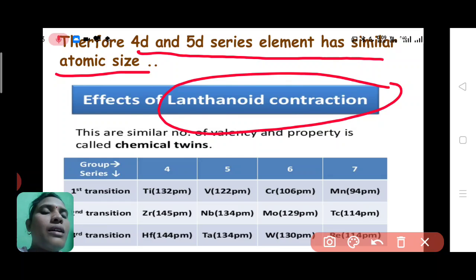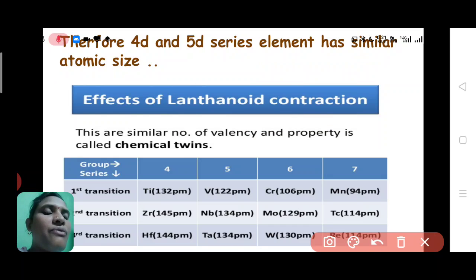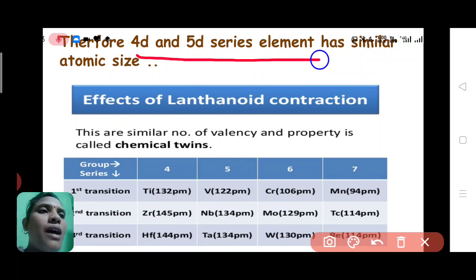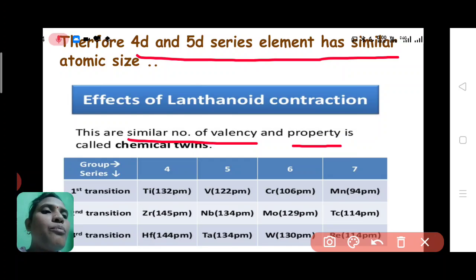Lanthanoid contraction is a decrease in atomic size, and this lanthanoid contraction occurs due to the poor shielding effect of the F shell. Now due to this lanthanoid contraction, the sizes of 4D and 5D series elements are similar, and due to this the elements of 4D and 5D series have similar valency and similar chemical and physical properties.